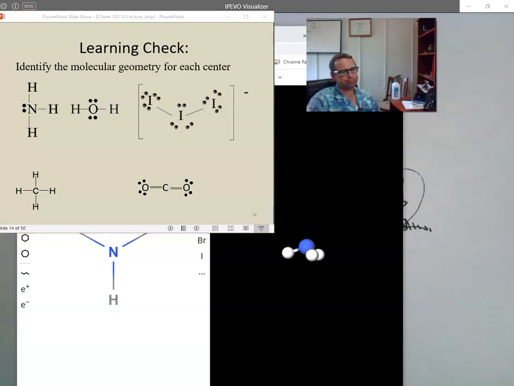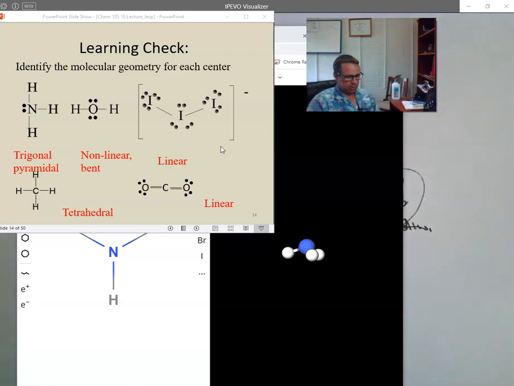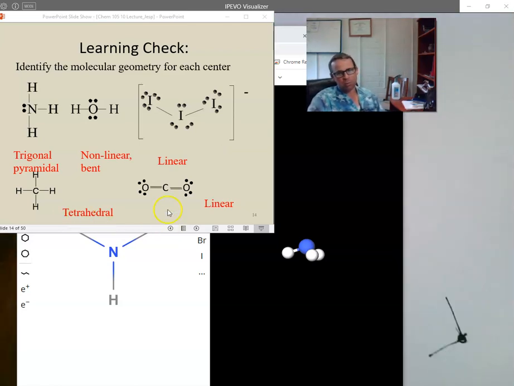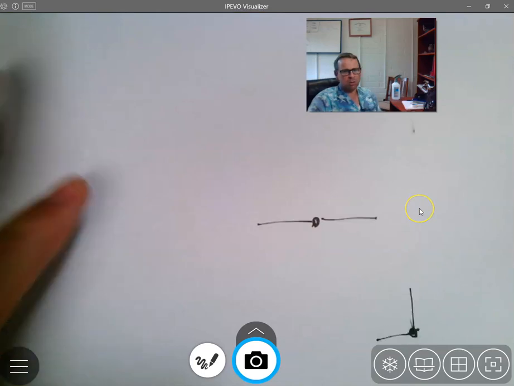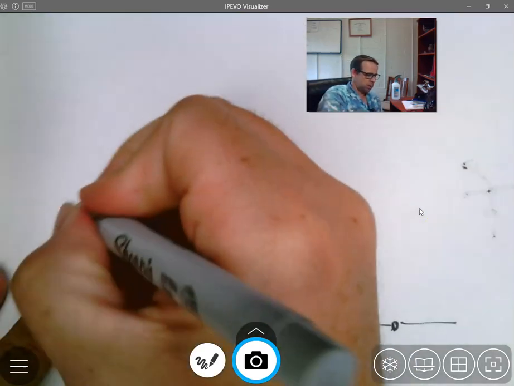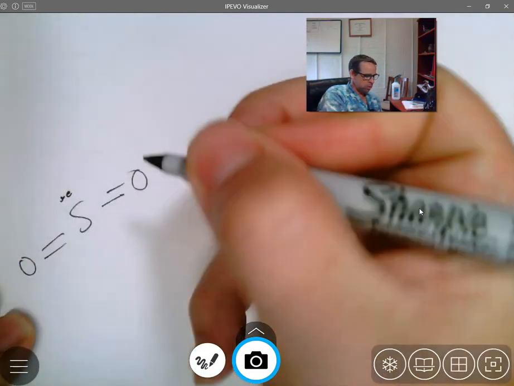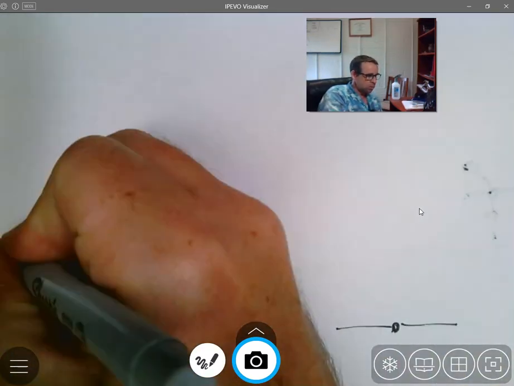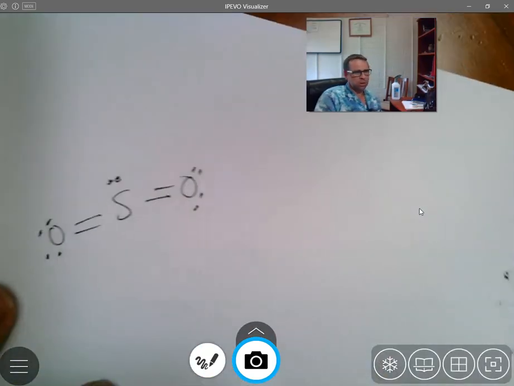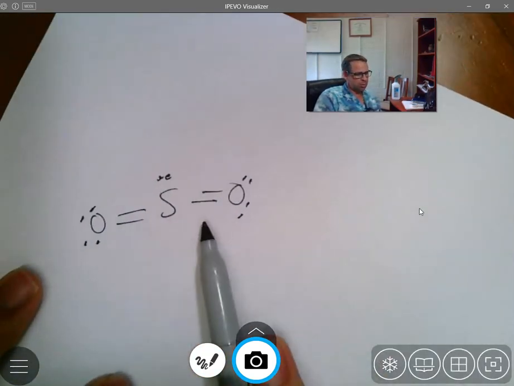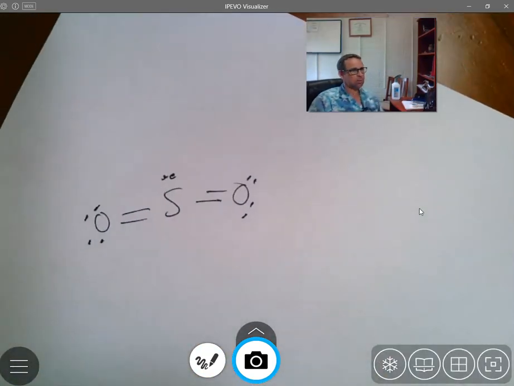So I have a question. Why did we say CO2 was linear, but then we said that SO2 was bent? So we bring back our paper here to see what SO2 looks like. Can you think of a reason why SO2 was not linear?